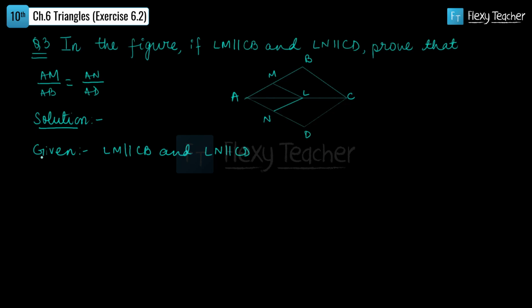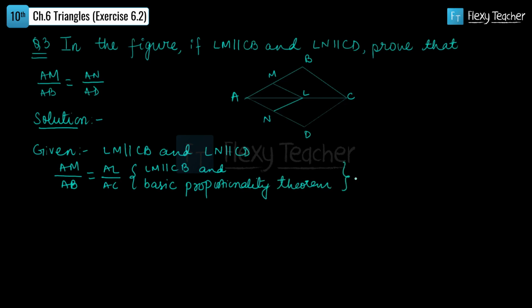In this case, we can say that AM upon AB is equal to AL upon AC. Because LM is parallel to CB, AM upon AB is equal to AL upon AC, by the basic proportionality theorem.